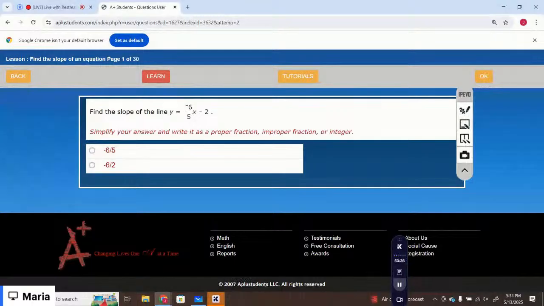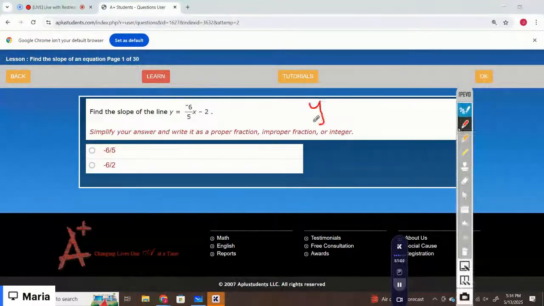So which is the correct option? So the slope equals negative 6 by 5. Option number one is the correct option.